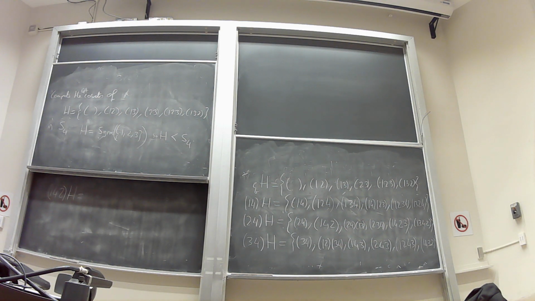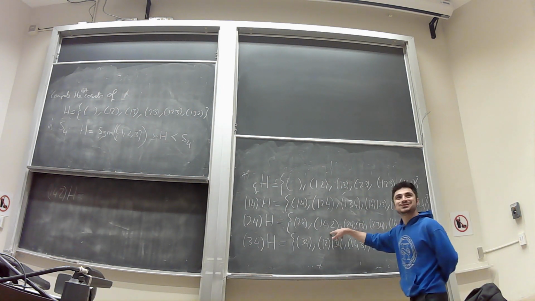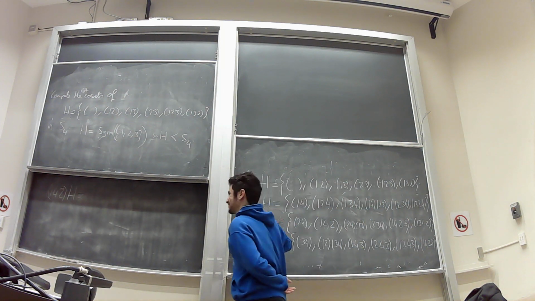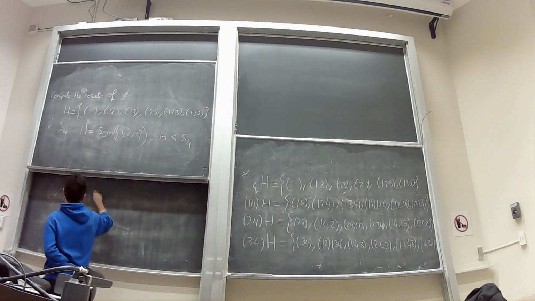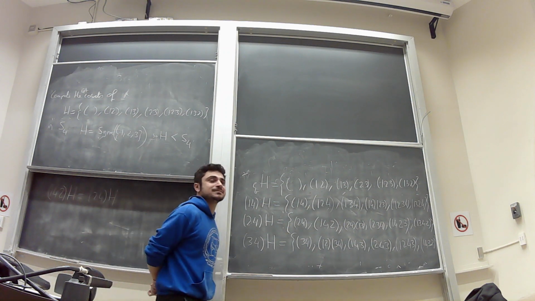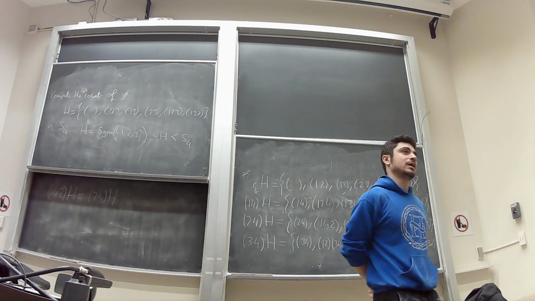Well, 142 up here is there, so it's the same as 2, 4. Exactly. So 142h will be 2, 4 times h. Right? You don't have to compute it.